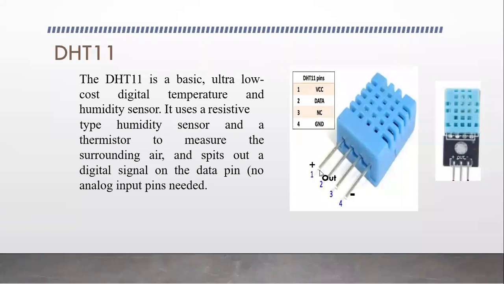Also, the DHT sensor itself has four pins, but the DHT module has only three pins: one is VCC, one is ground, and one is output. In our Tinkercad simulation, unfortunately we don't have this DHT11 module, but we have a temperature sensor there. So we will see how to integrate that temperature sensor.